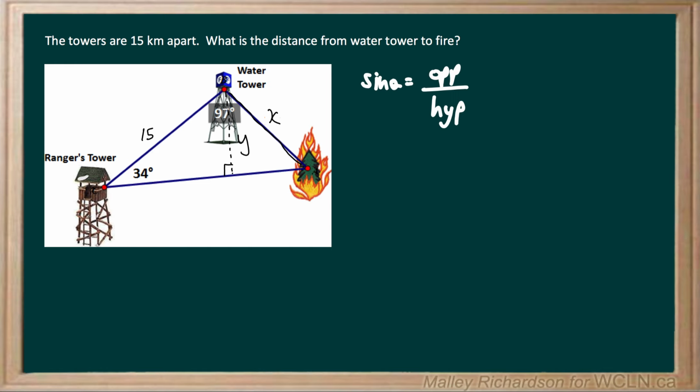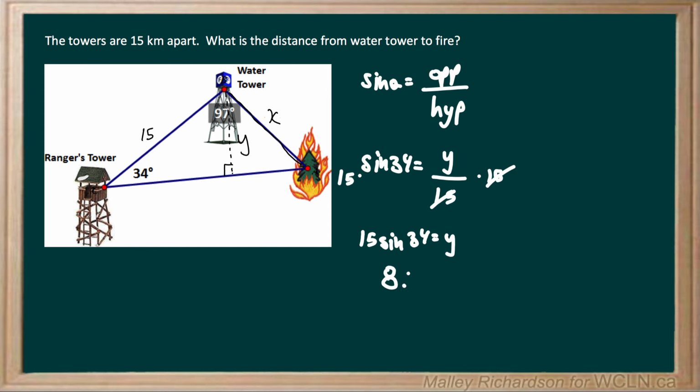So plugging in what we know, we have sine of 34 equals our opposite of y over our hypotenuse of 15. Now to get y by itself, we want to cross multiply by 15, where these two cancel out, and we're left with 15 sine 34 equals y. Now plugging this into our calculator, we get y to be 8.388 kilometers.